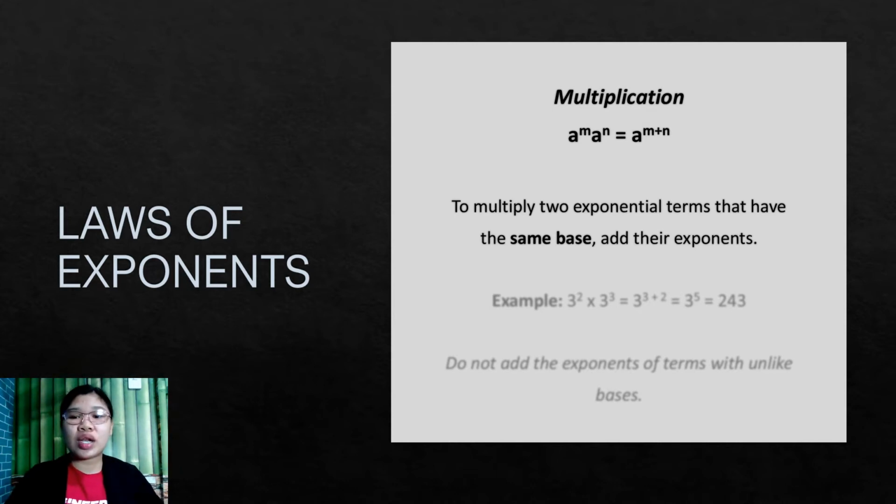In our example we have the same base, which is a, and the exponents are m and n. So again, in multiplying this, you have to add their exponents.